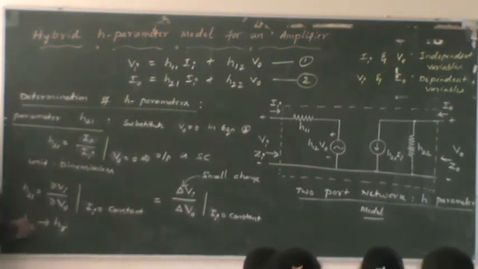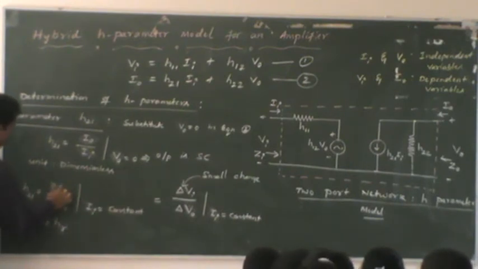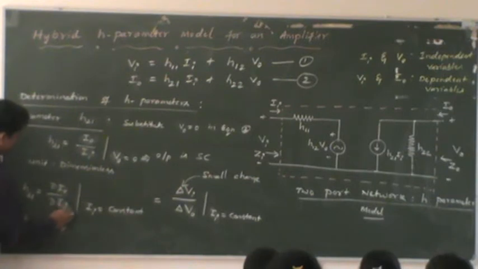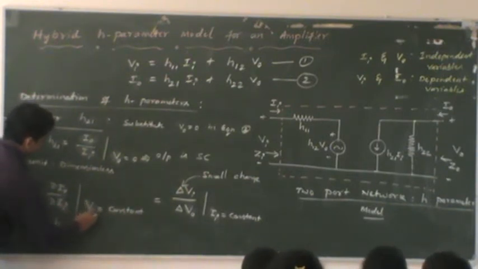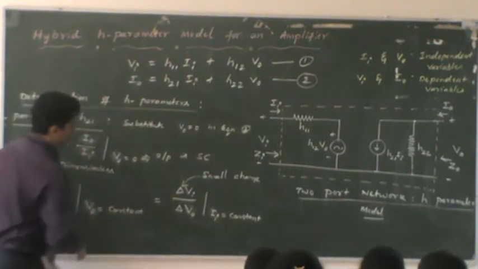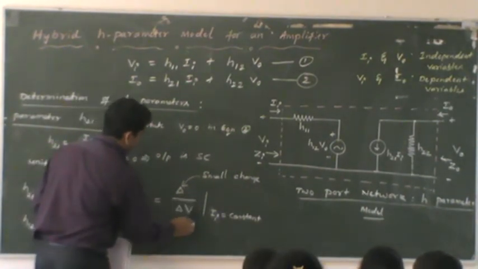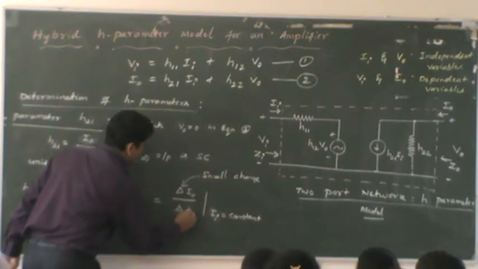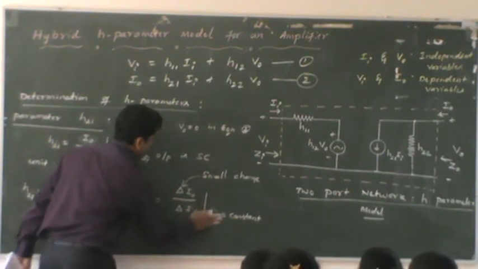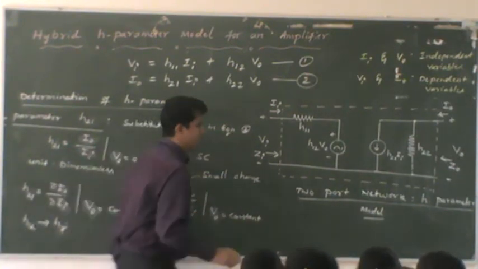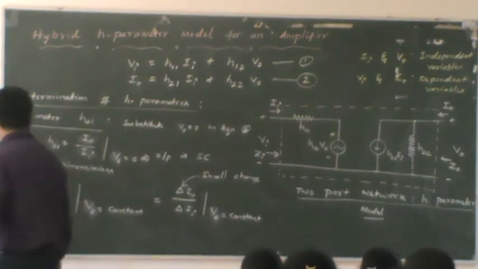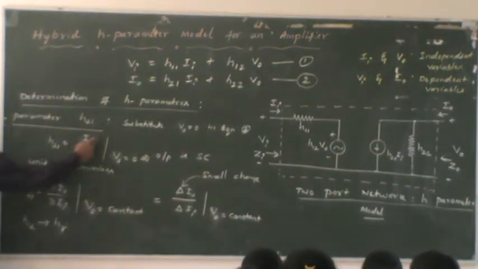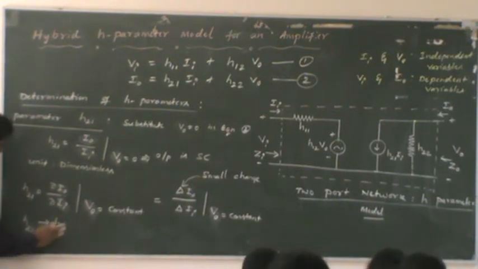H21 is dou Io divided by dou Ii for a constant Vo. Also, this can be written as delta Io divided by delta Ii for a constant Vo. Since it's a ratio of output current by input current, H21 can also be written as Hf.